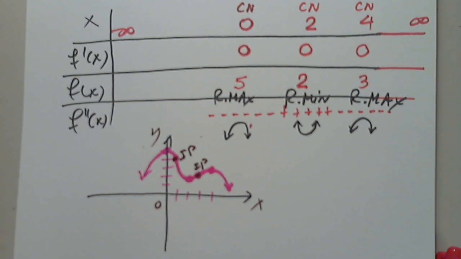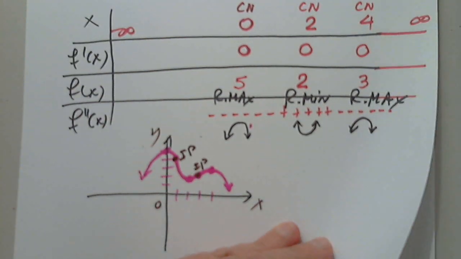Okay, now let's look at another graph. So now we can choose another function, to graph from scratch, finding everything about the function from the first derivative, everything about the function from the second derivative, and present the graph.